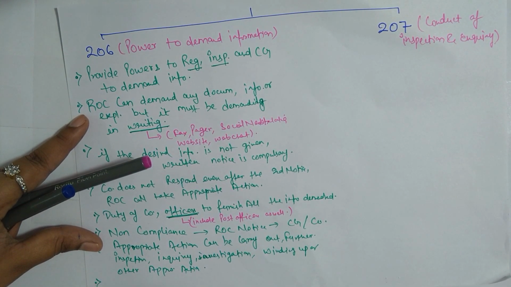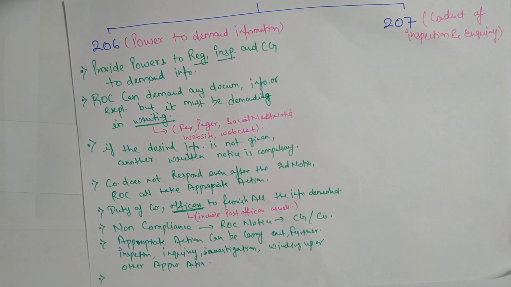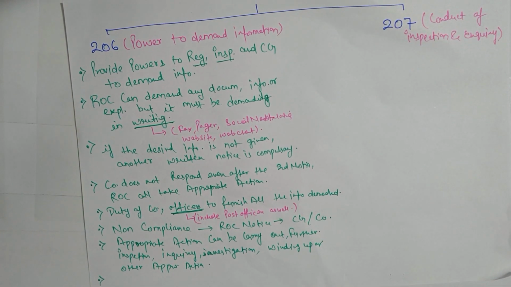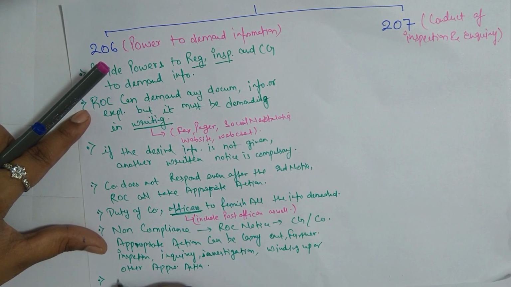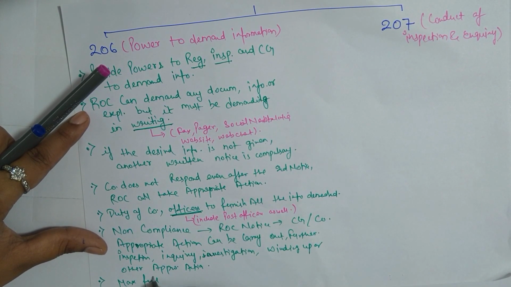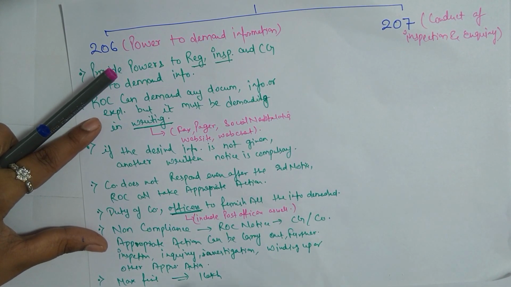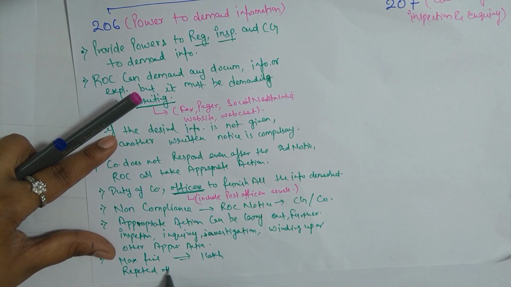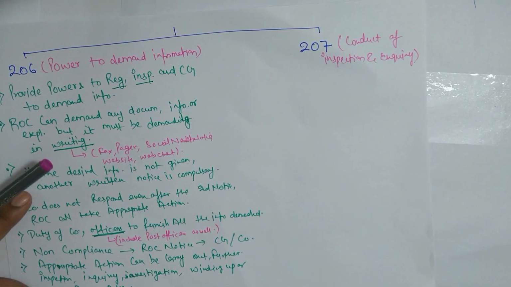The last one: if any of this information is not provided by the company or by the officer, if he fails to provide information, there is a maximum fine of ₹1 lakh, and in case of repeated offense, ₹500 per day. This is the fine.